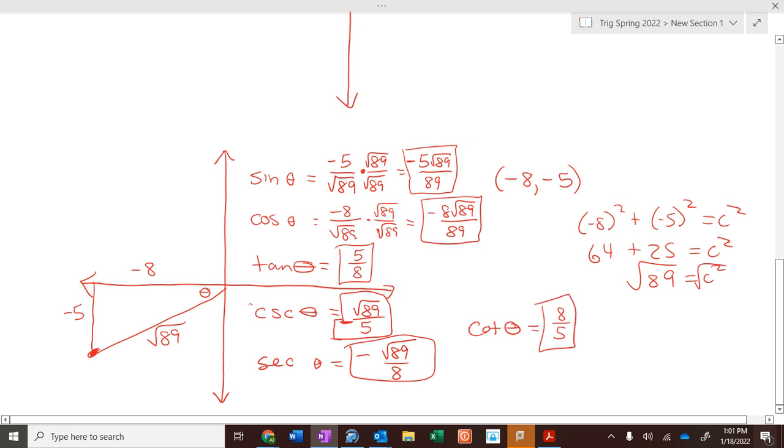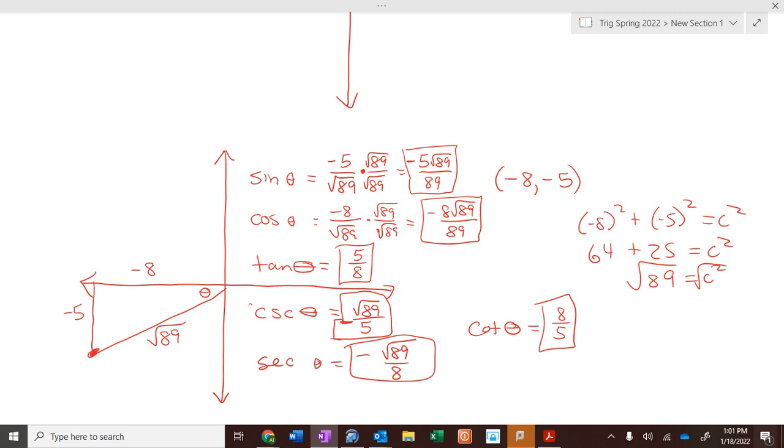Okay, so from a point, we can draw a triangle. And with that triangle, we've taken the angle closest to the origin. We can find the sine, cosine, tangent, cosecant, secant, cotangent. We can do that, right?